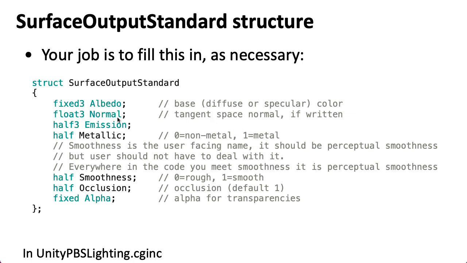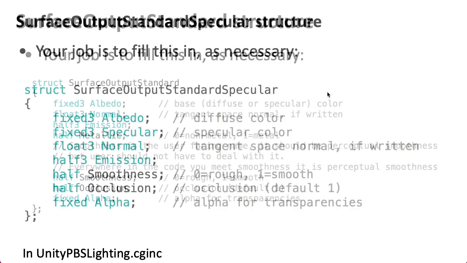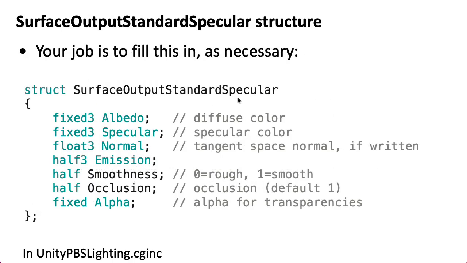If you, the user, write to this, it expects you to be writing this in tangent space. So something that would be 0, 0, 1 is sort of a normal map that's pointing straight up that won't perturb the vertex normal. Now, if you're using the standard specular lighting model, this is a little bit different. Notice we now have a specular color that we need to fill out.